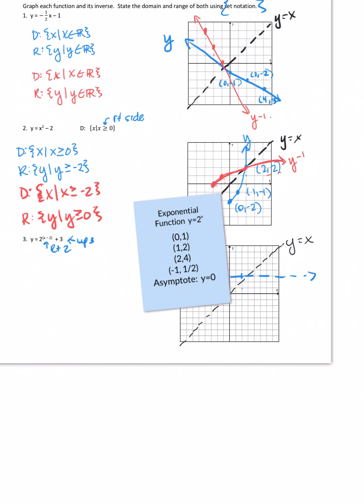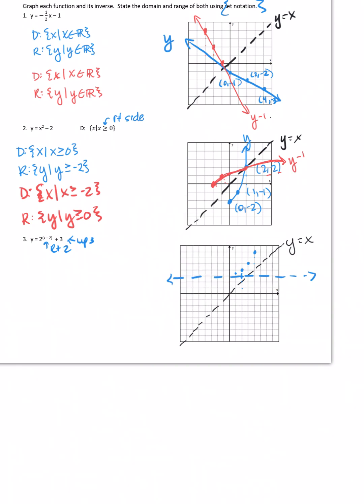We go at 0, 1. Then 1, 2, and 2, 4. And then at -1, 1/2. So it makes that little tiny curve. So feel free to pull your pink notes out and remind yourself. So there's your exponential function. Remember that shape?